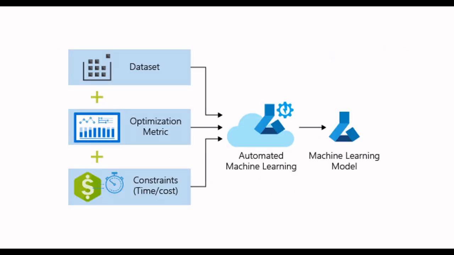Now, let's talk about automated machine learning. What exactly does automated machine learning do? So, automated machine learning takes in data sets, metrics, and constraints from the user, runs these through as many algorithms as it possibly can, and then assembles the best possible machine learning model as the output.